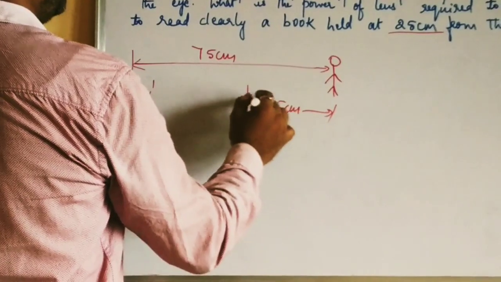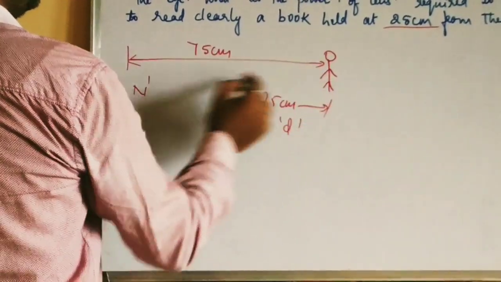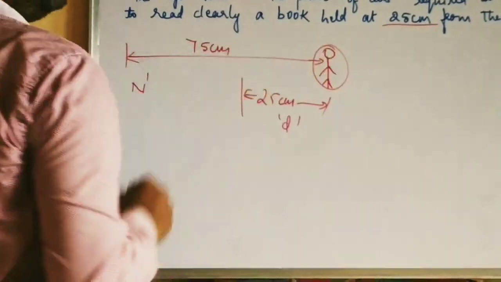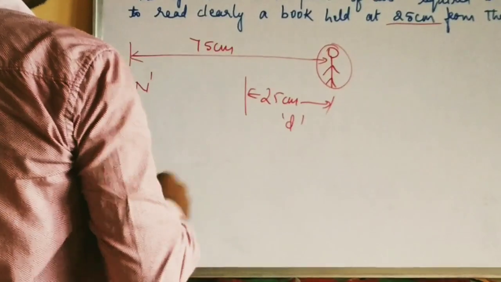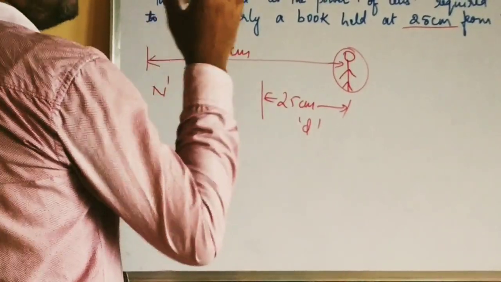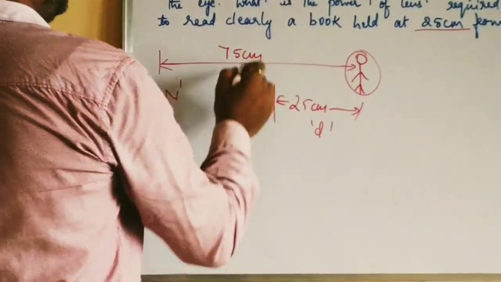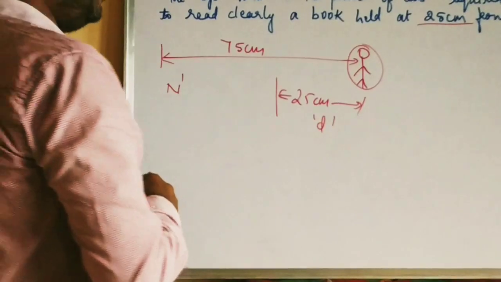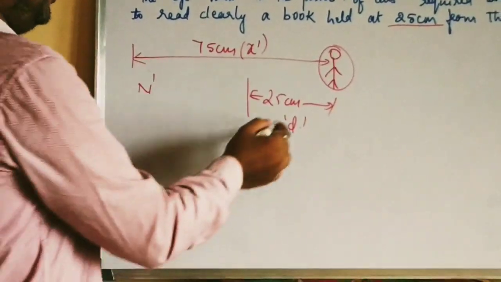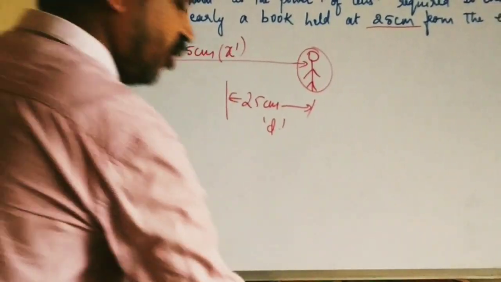This is supposed to be small d. And this distance, where he is not able to see the objects and gets a blurred image, is at 75 centimeter, which is x dash, and this is the small d. Now you got the description of the problem.